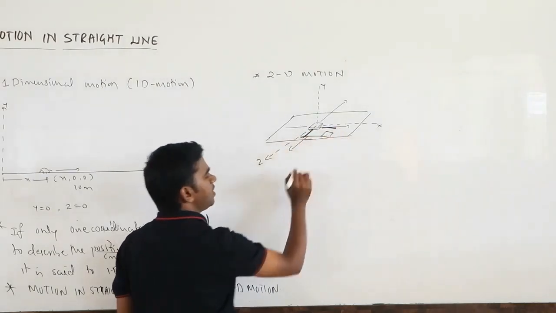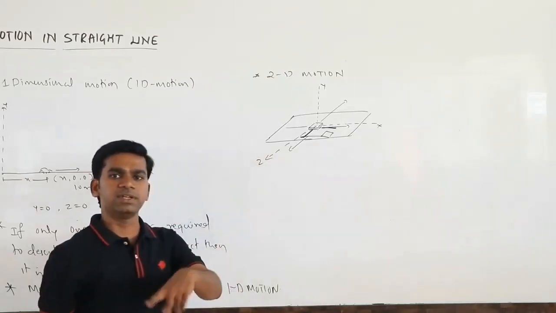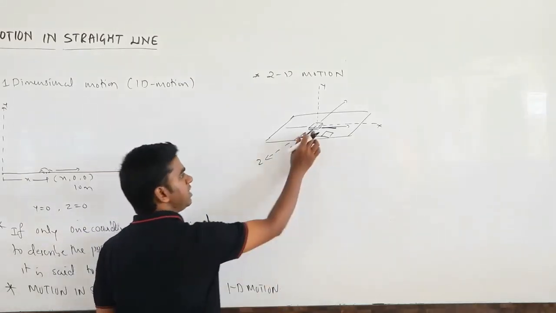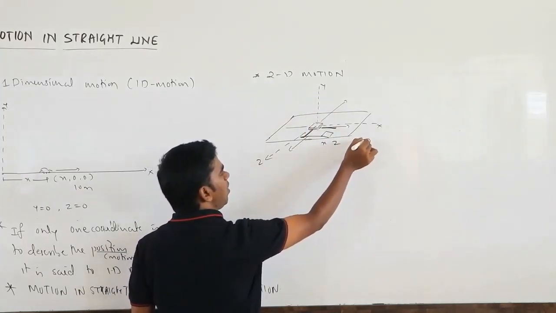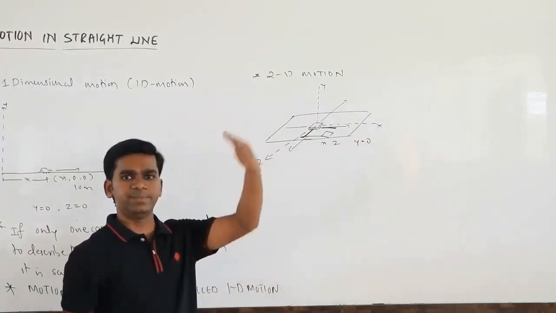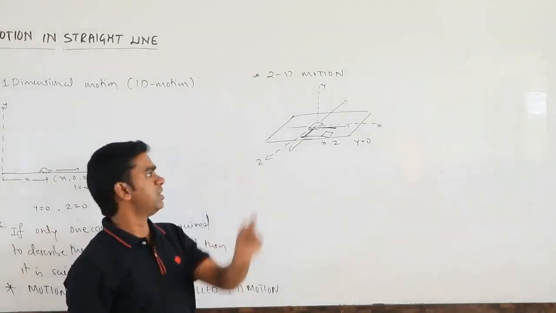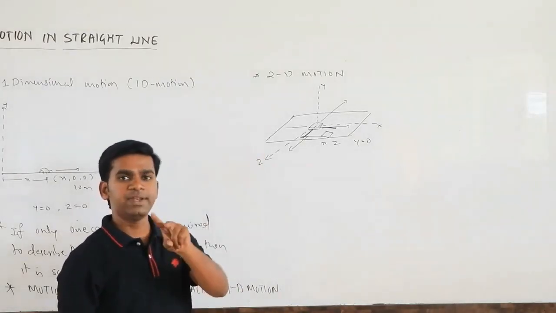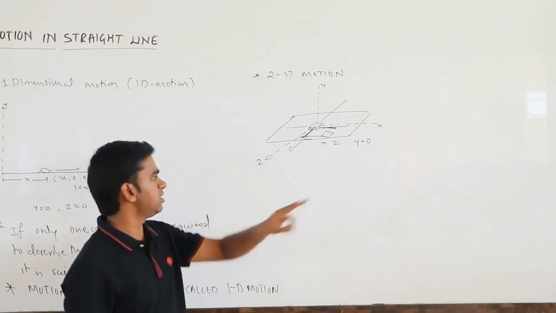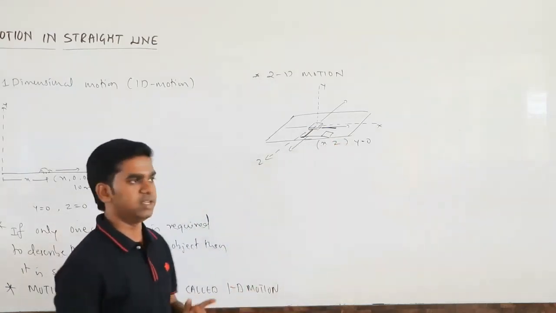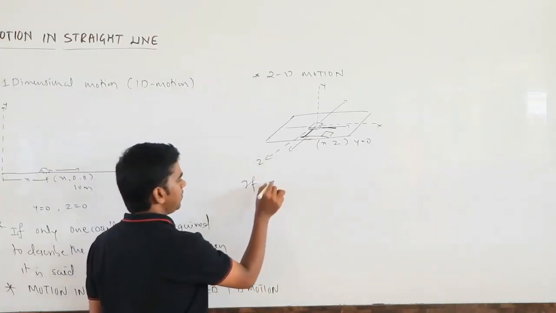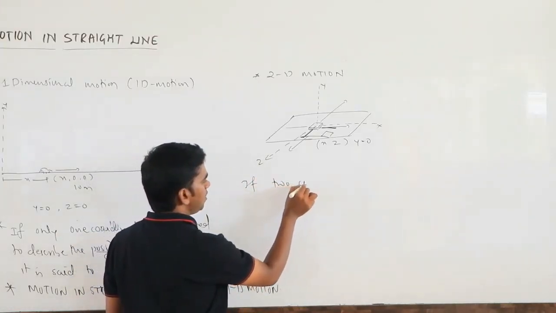So to tell the position of the object, how many coordinates are required? Not Y, Z. You require X and Z. Y is 0. Why is Y 0? The book will not jump, it will not move in the vertical direction. So two coordinates are required to describe the position of an object.